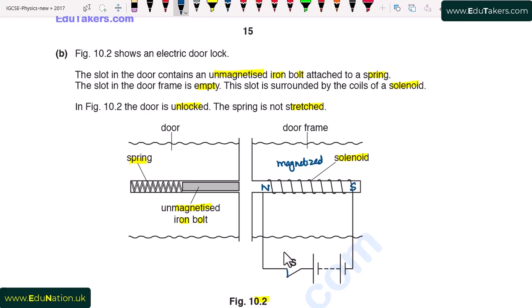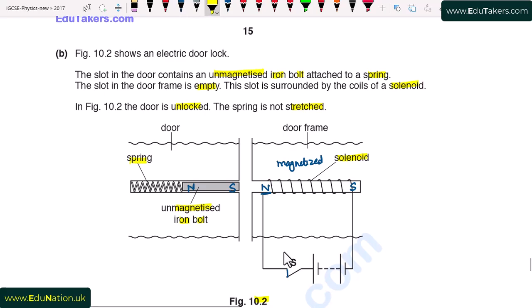We can see here that there is also the unmagnetized iron bolt. Due to the magnetization of the solenoid, this iron bolt also gets magnetized but with opposite polarity. So if I consider that here it is north, then here it will be south and north. In this way, the iron bolt also gets magnetized but with opposite polarity.